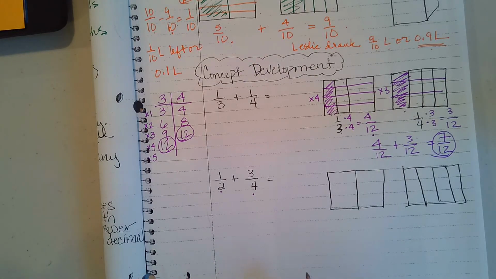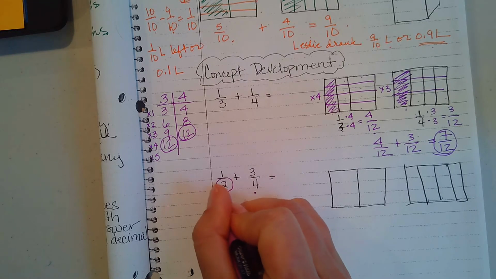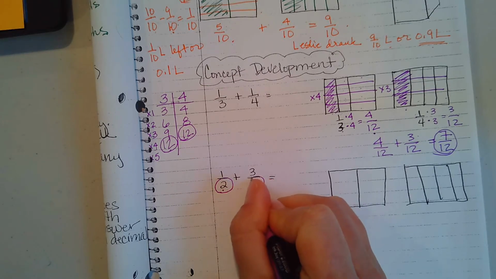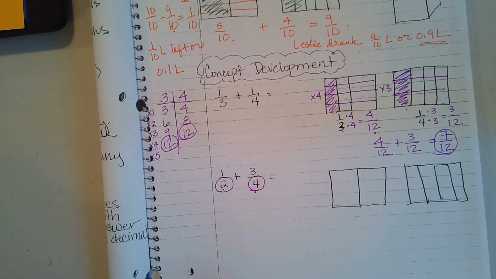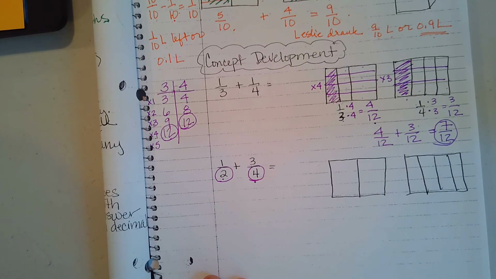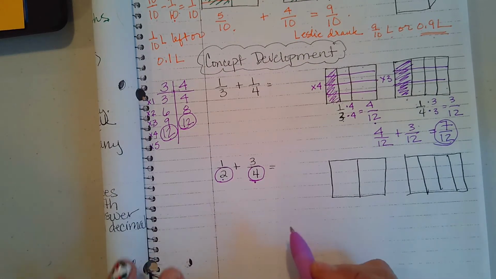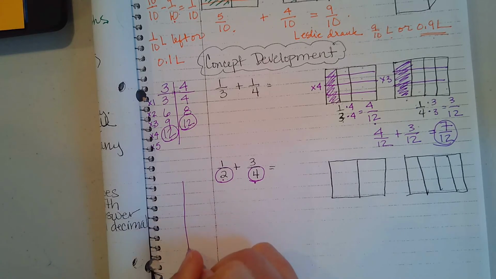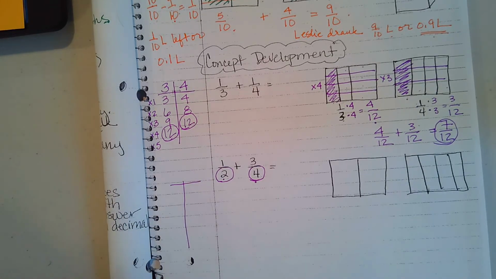So what stops us from just simply adding? Why can't we just add these together? You're right. The units do not match. We have to create an equivalent fraction so that the bottom units match, so the denominators match. We can also always use the scoreboard method.